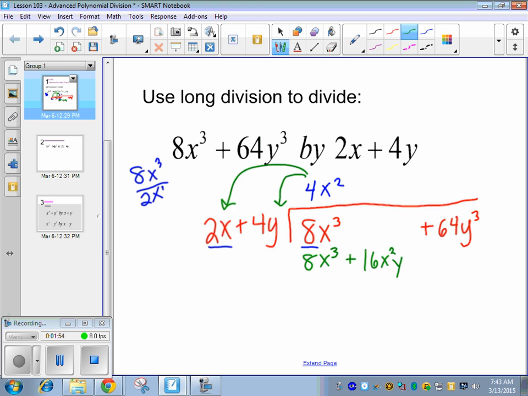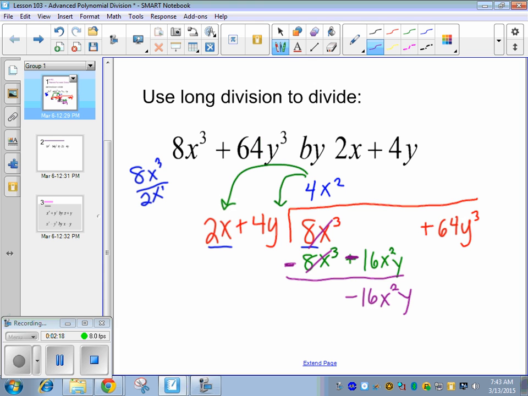Anyone remember the next step? Change the signs. We subtract this, and this one changes to subtraction too. So you change both signs. These cancel, and they should, and now I have negative 16x squared y.